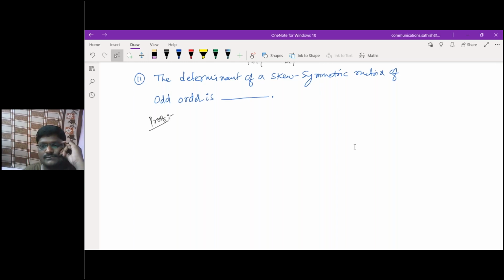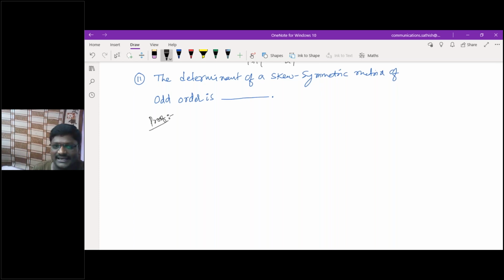For example, if we find the determinant for A, then we should multiply it with minus, sir. Again, for odd order, we should multiply with minus 1, sir. Then we will get the answer, sir.